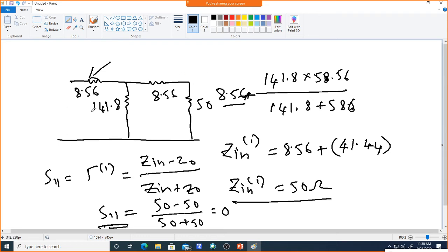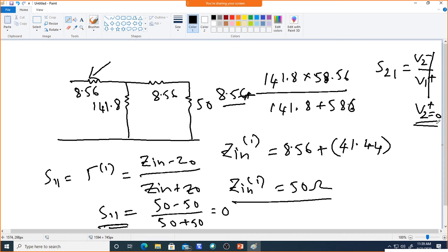Now if I want to calculate S21, what is S21? That is V2 minus by V1 plus. That is the reflected value at port 2 and the incident value at port 1, with the matched termination of the other port.